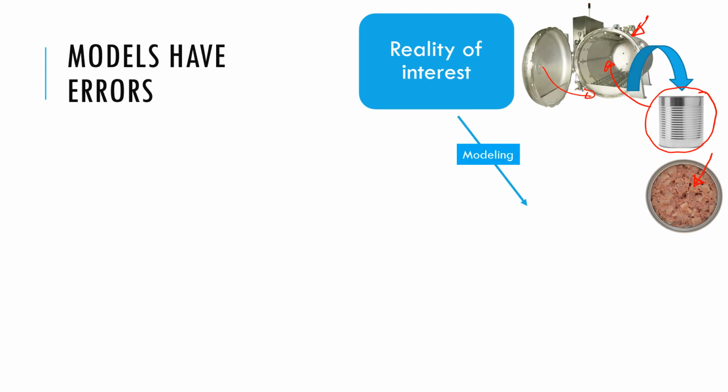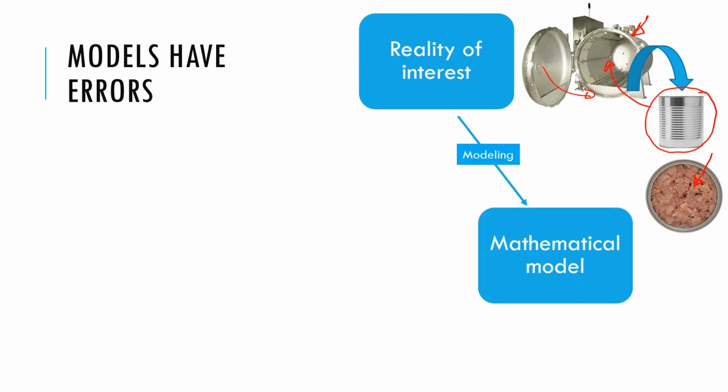So the modeling process will lead to a mathematical model, and I'm showing one equation, just the heat conduction equation that gives us the temperature. Of course, if you're doing destruction of bacteria, which is the purpose of canning, we need an equation for that. And we want to keep track of how much the nutrients are being destroyed, so we need an equation for that.